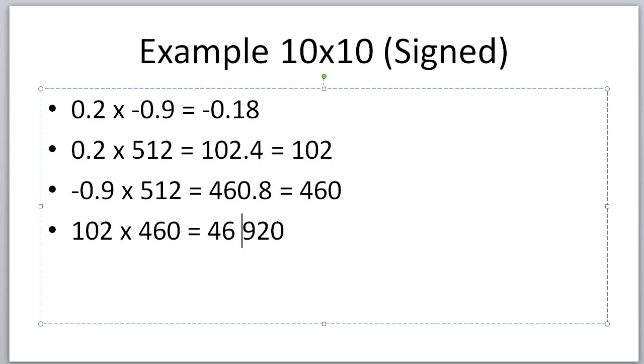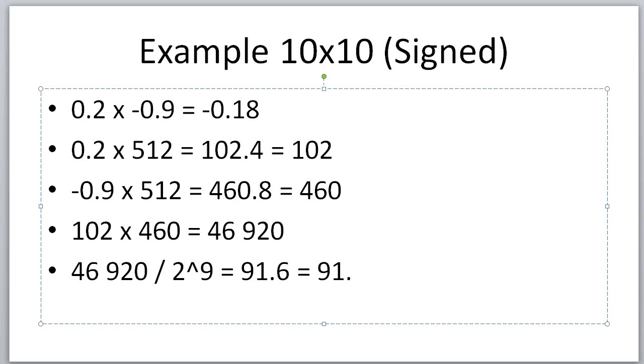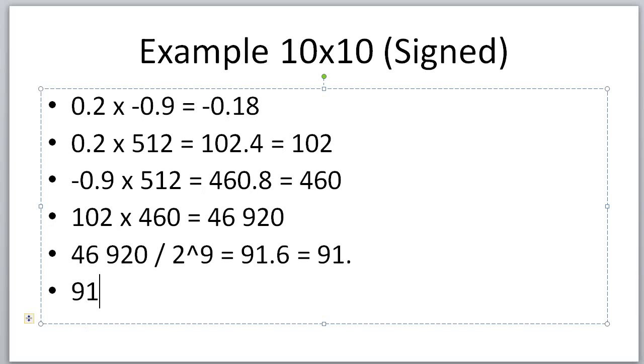So this is the result of the signed multiplication, and what I'm saying is that I need to shift left 9 bits, which is equivalent to dividing by 2 to the power 9, which is 512, which is equal to 91. So now 91.6, and this will just become 91. So is that the right answer? I go, well, 91 divided by 512, because now I'm converting back to floating point.